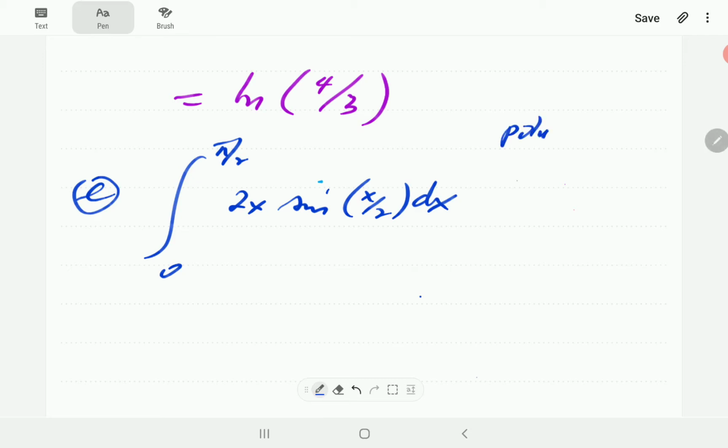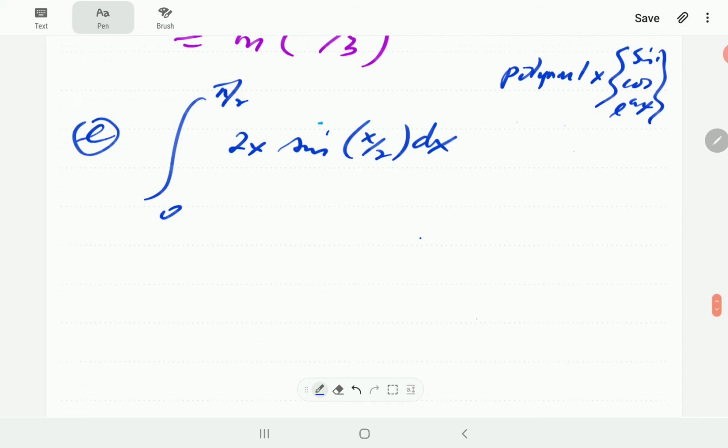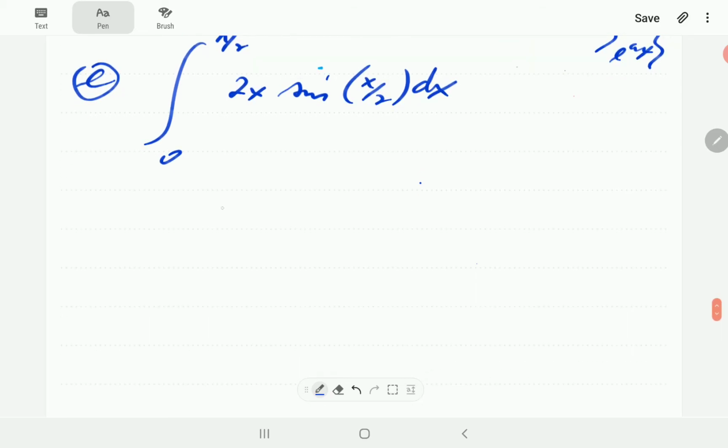Those integrals which are of the form polynomial times either sine of ax, cosine of ax, or e to the ax, we can use tabular integration. So that's what we're going to do here.